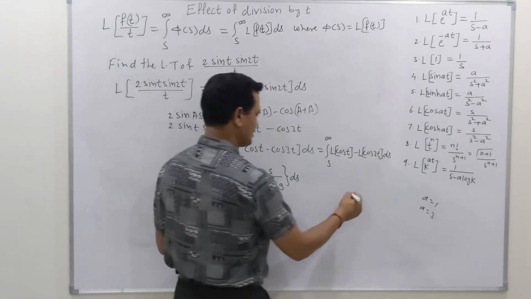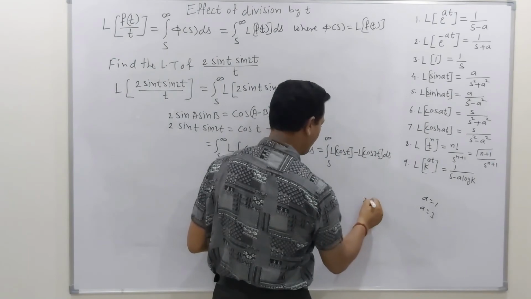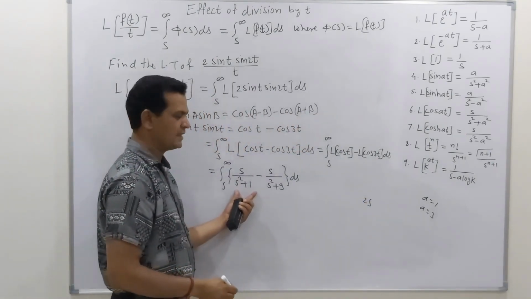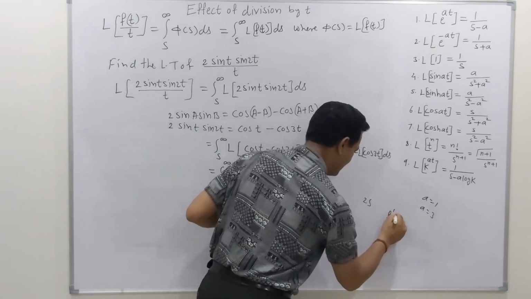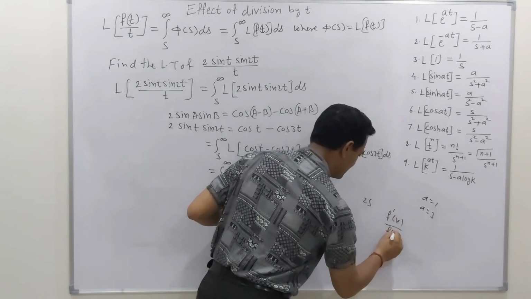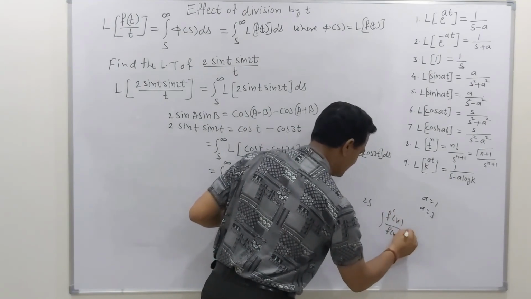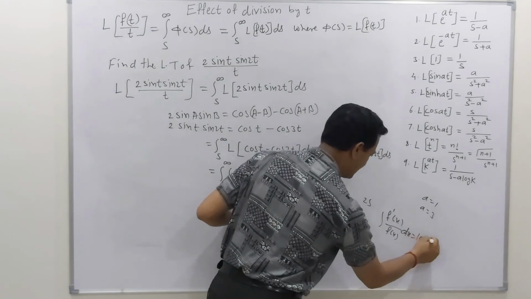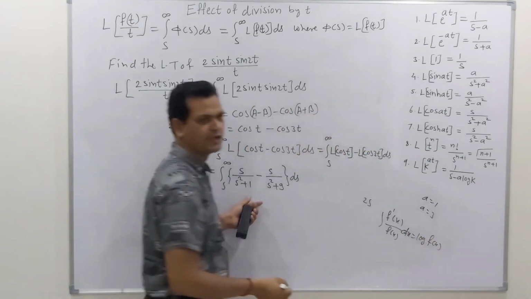So now to find out the integration of this term, derivative of s square plus 1 is 2s, so we are applying the formula. Numerator is the derivative of denominator, then its integration is log of denominator.